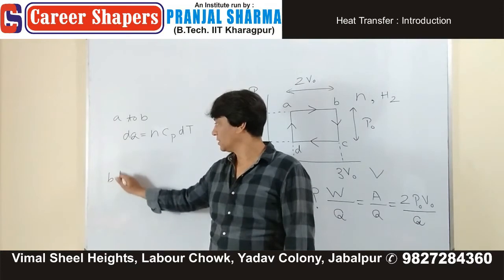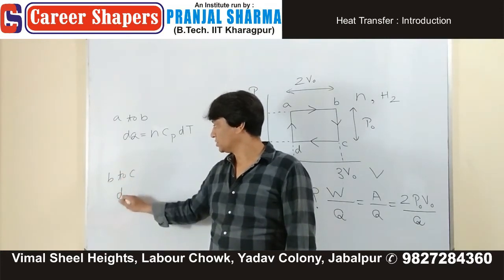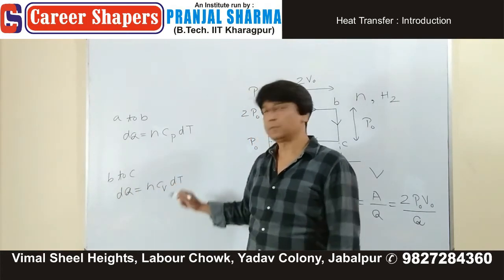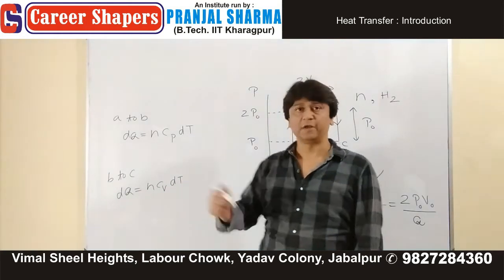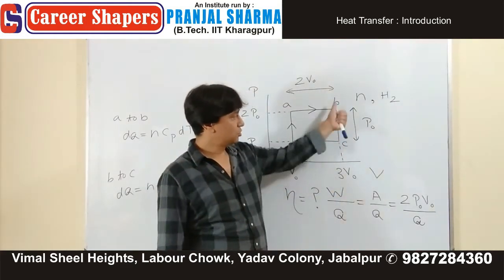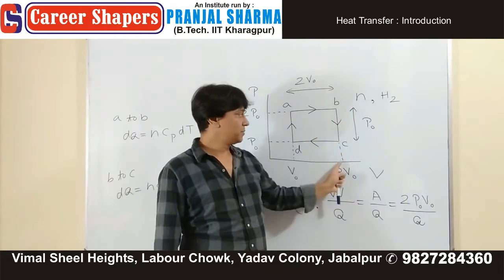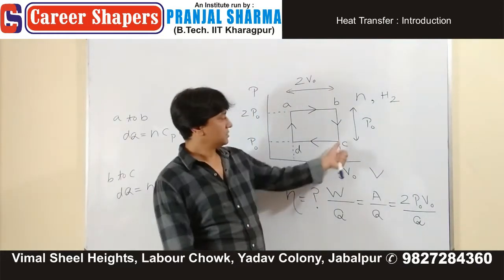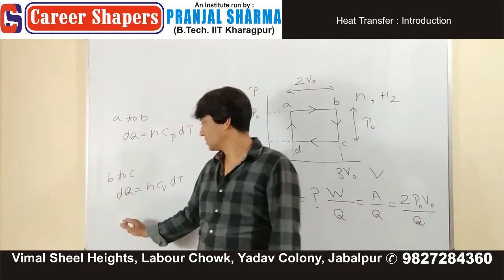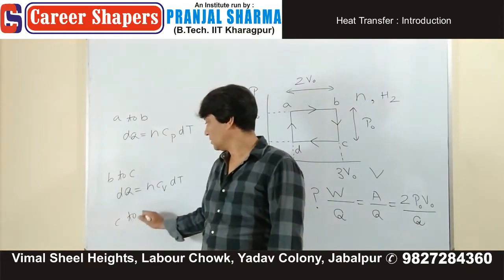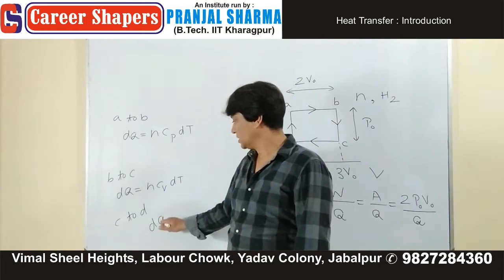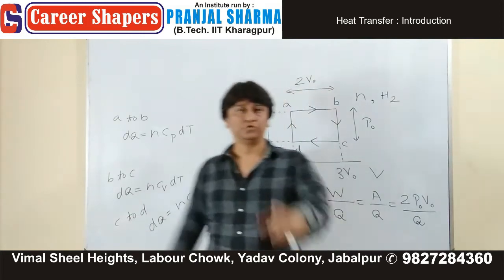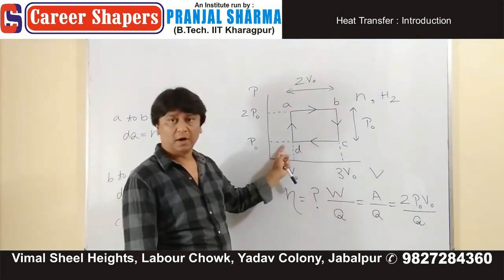B to C, dQ will be n Cv dT, corresponding dT. This dT and this dT, they are different. B to C is an isochoric part. For this isochoric part, n Cv dT. C to D, dQ is n Cp dT, change in temperature for the C to D part.